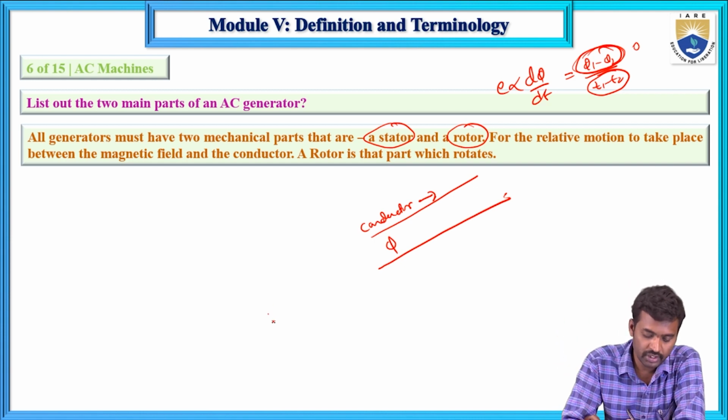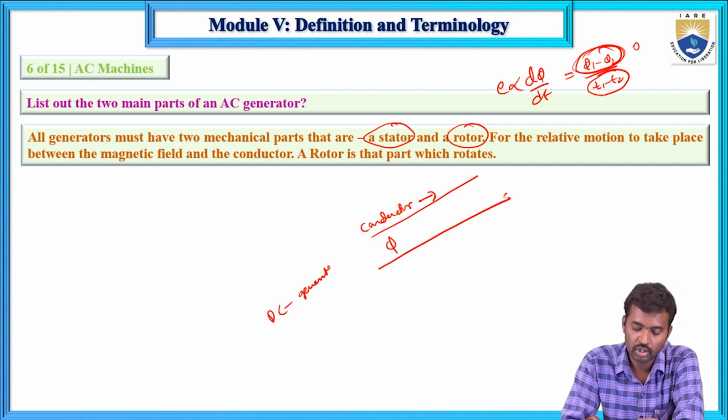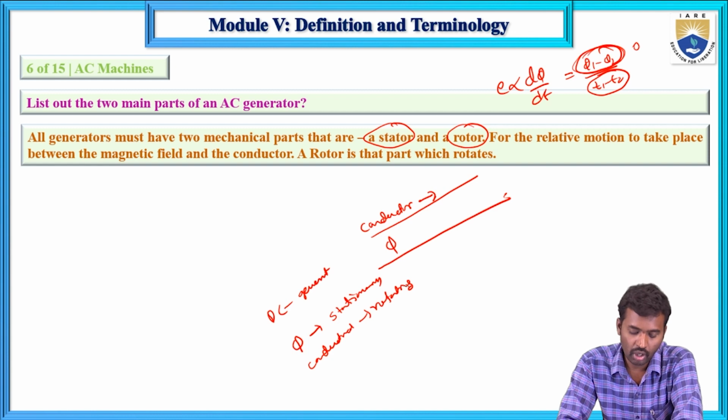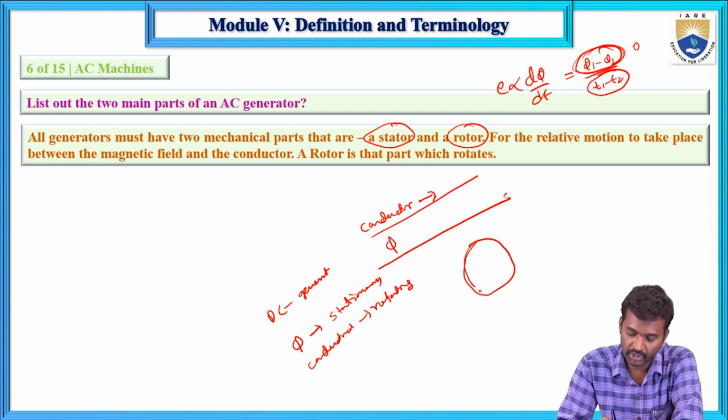In the case of a DC generator or DC motor, the field winding, that is the magnetic field, is stationary and the conductor is rotating.